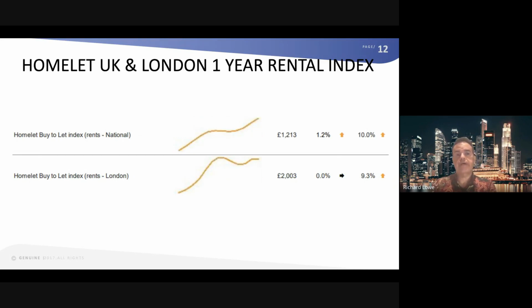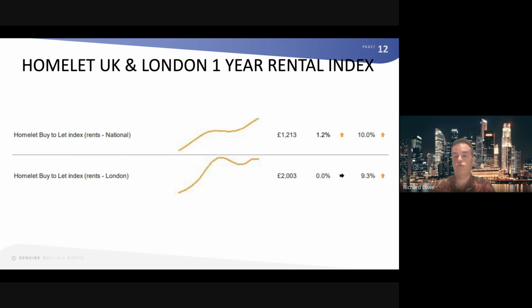HomeLet here is a platform that tracks the rental market across the UK. And here we can see the national rental average is actually at £1,213, and the average rental has gone up by 10% across the UK. And in the same time frame, London's average rental is just over £2,000, and it increased over the last year by 9.3%.